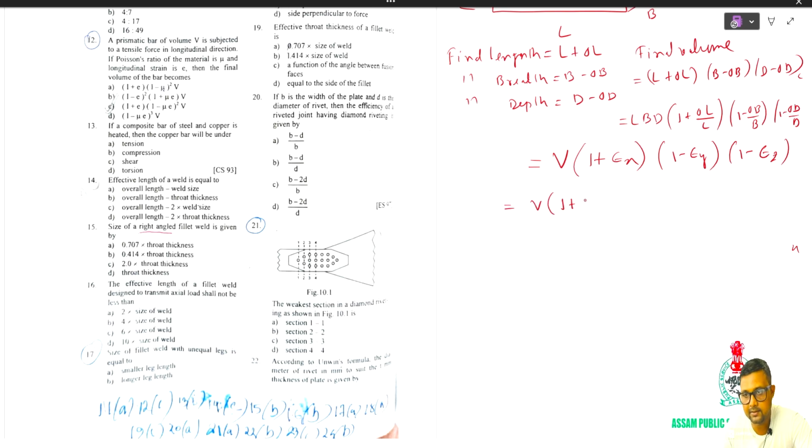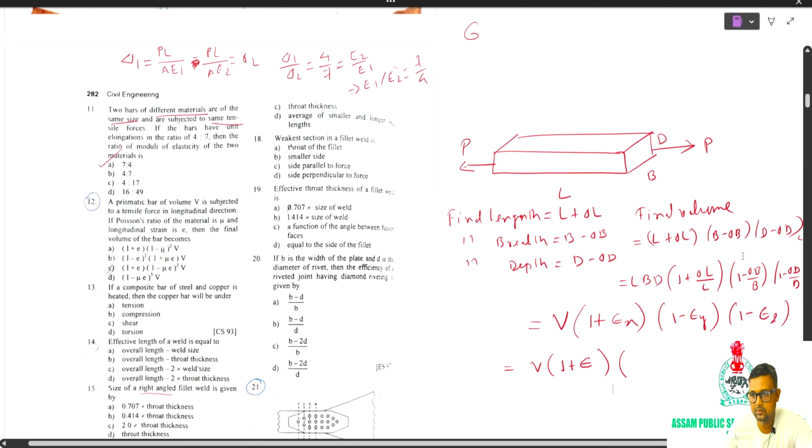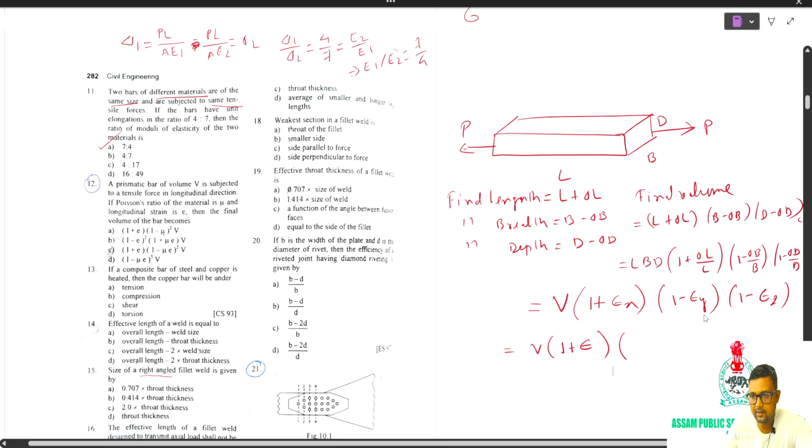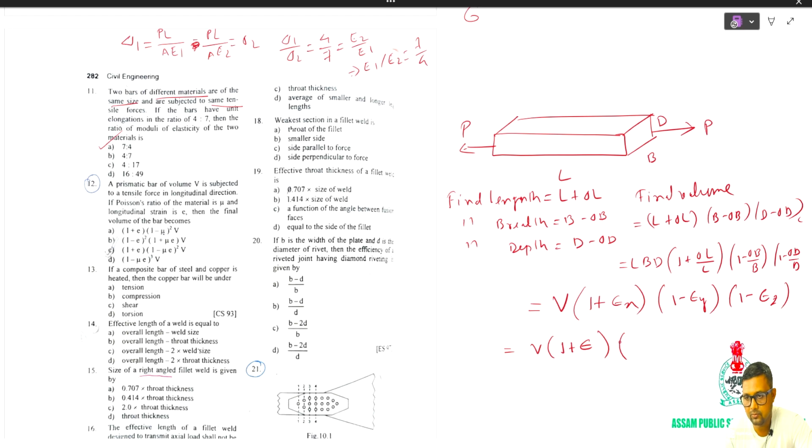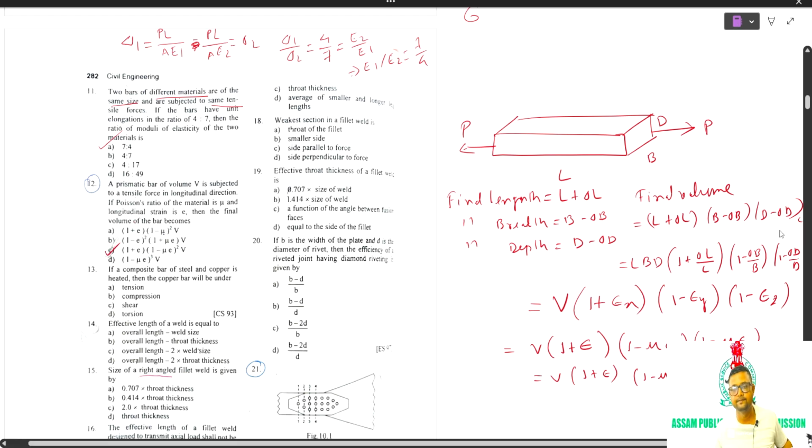Let me take epsilon X as e only, and epsilon Y and Z will be the same, so this is 1 minus mu into e, 1 minus mu into e. So this is equal to V(1 plus e)(1 minus mu e) whole square. The answer is C.